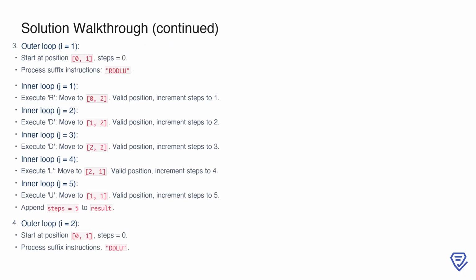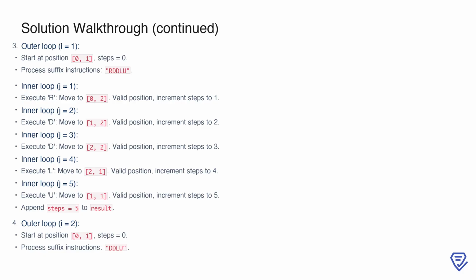Next, we process the suffix starting at index 1, which corresponds to the instructions rddlu. Again, we start at 0, 1, with 0 valid steps. The first instruction, R, moves us to 0, 2, which is valid, so the step count becomes 1. The next instruction, D, moves us to 1, 2, which is also valid, bringing the step count to 2.